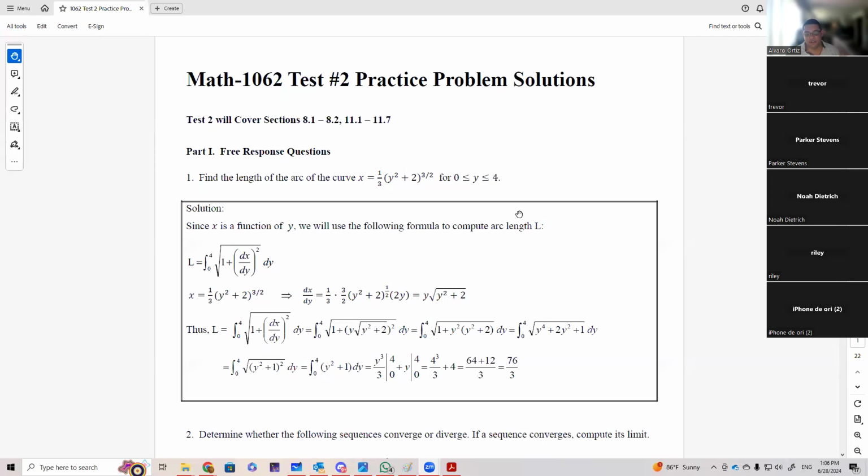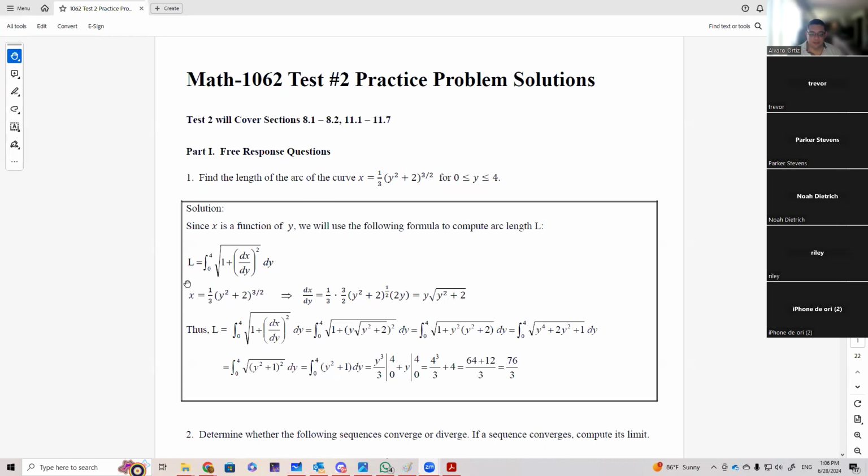Since we're past integration, you're supposed to already know the integration. So you might get something simple to integrate, like a substitution. But sometimes it's just going to ask you to state what the integral for the arc length is going to be, and that's it.